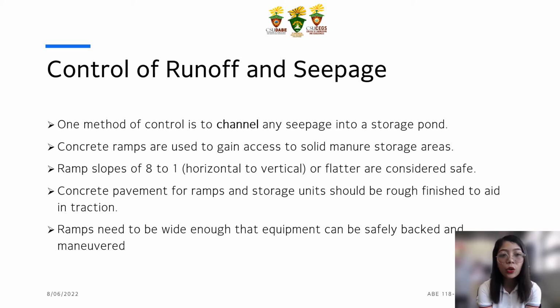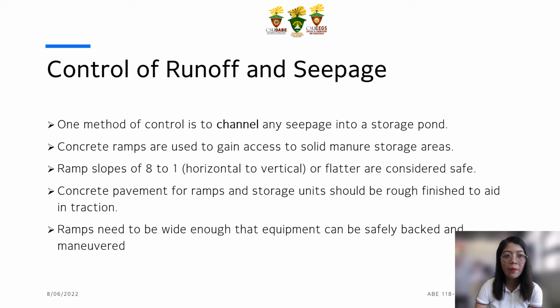So one method to control this is to channel the seepage into a storage pond, and at the same time uncontaminated runoff, such as that from the roof and outside the animal housing and lot area, should be diverted around the site. So concrete ramps are used to gain access to solid manure storage areas. Ramps and floors of solid manure storage structures need to be designed so that handling can be safely operated.